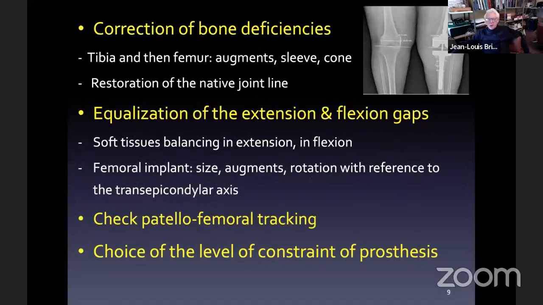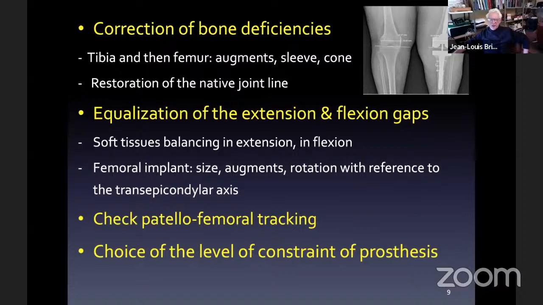So then the implants are removed, we correct the bone, and we look at the bone deficiency. We look at equalization of the extension and flexion gap with the right joint line level.